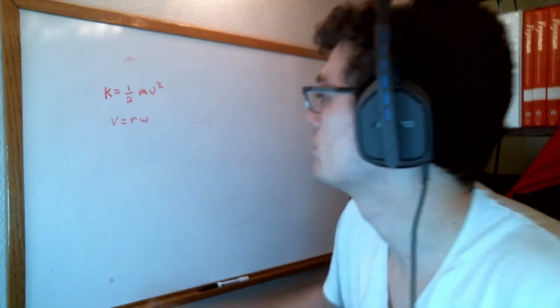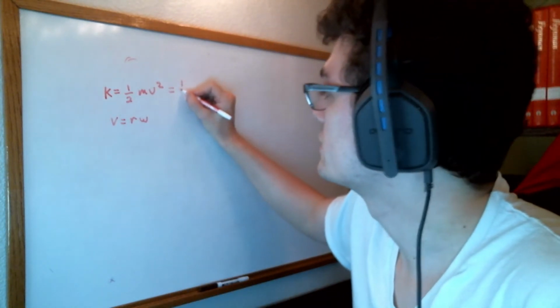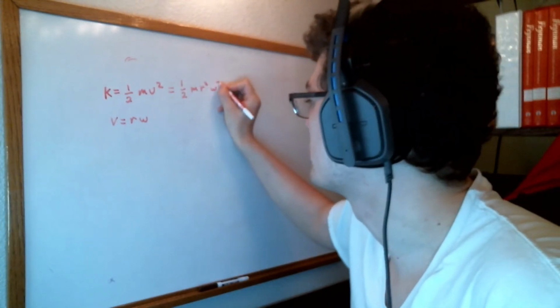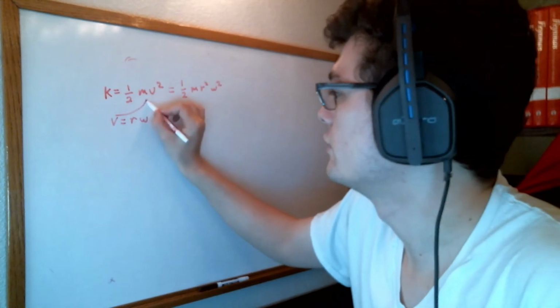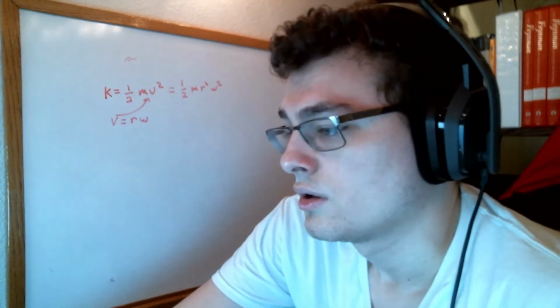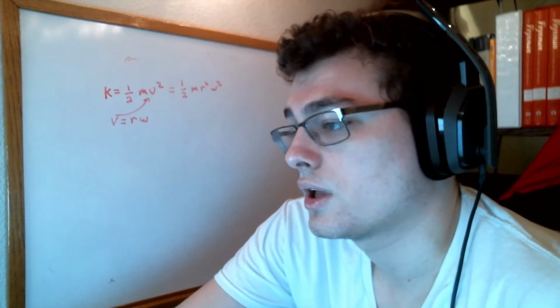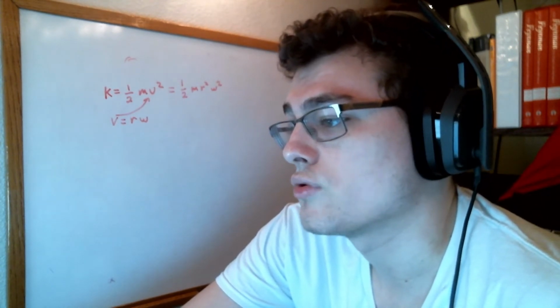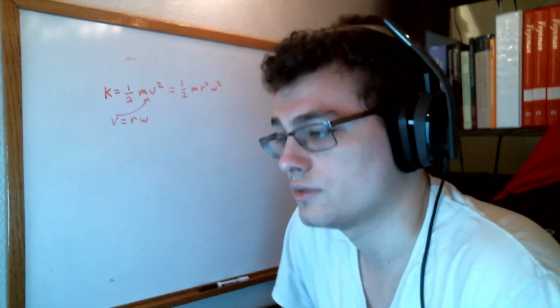Then we have to replace this now and say that this is equal to 1/2 m R squared omega squared by inserting v in here. And so this is going to be for a single object.